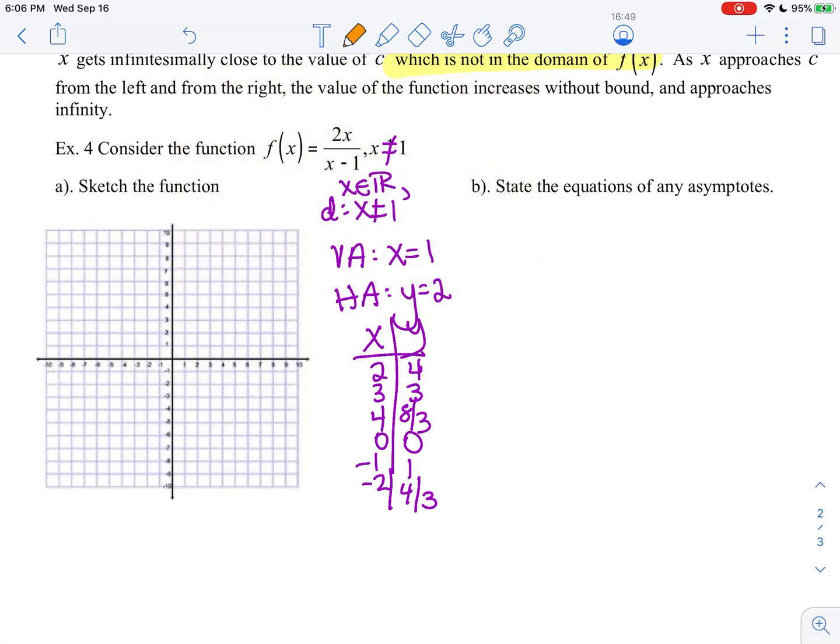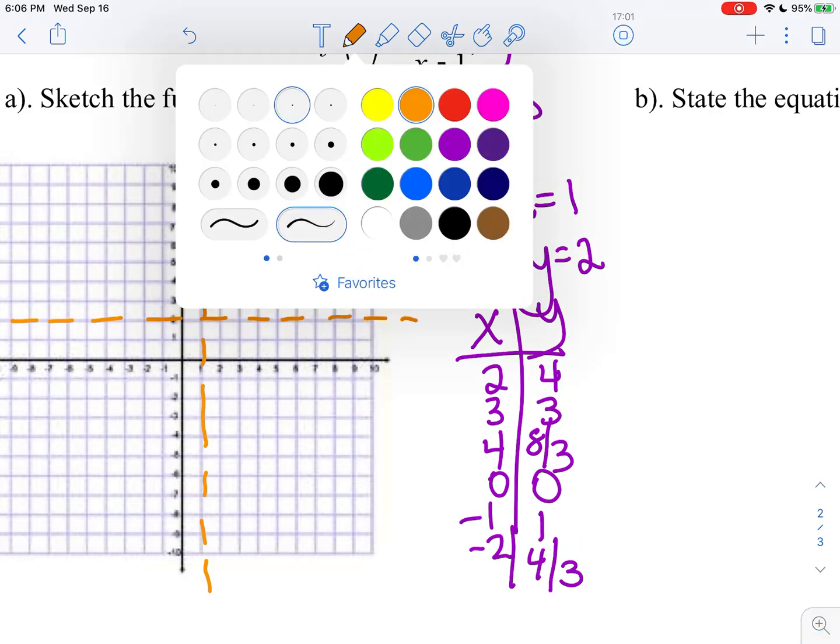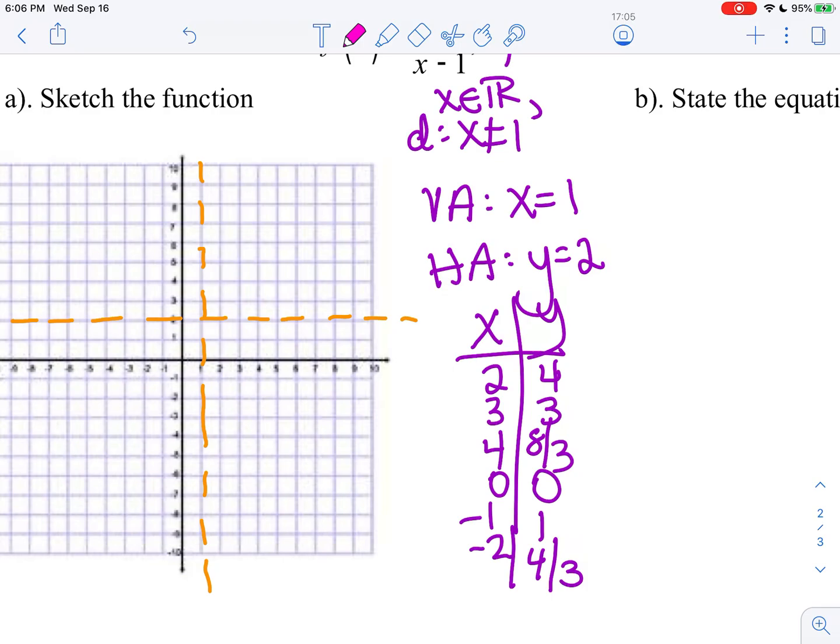All right, I'm going to go ahead and blow it up a little so I can draw it better. Okay, so I have a vertical asymptote at x is 1. I have a horizontal asymptote of y equals 2. Okay, then I have 2 comma 4, 3 comma 3, 4 comma 8 thirds.